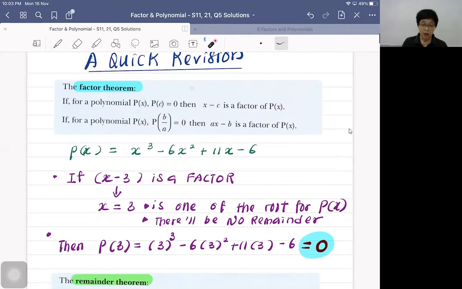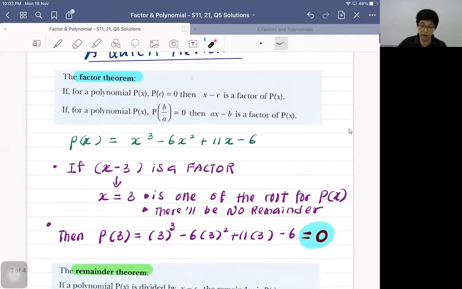In other words, if we divide this function by the factor x minus c, we will have 0 remainder at the end of the division, and that is what the factor theorem means.